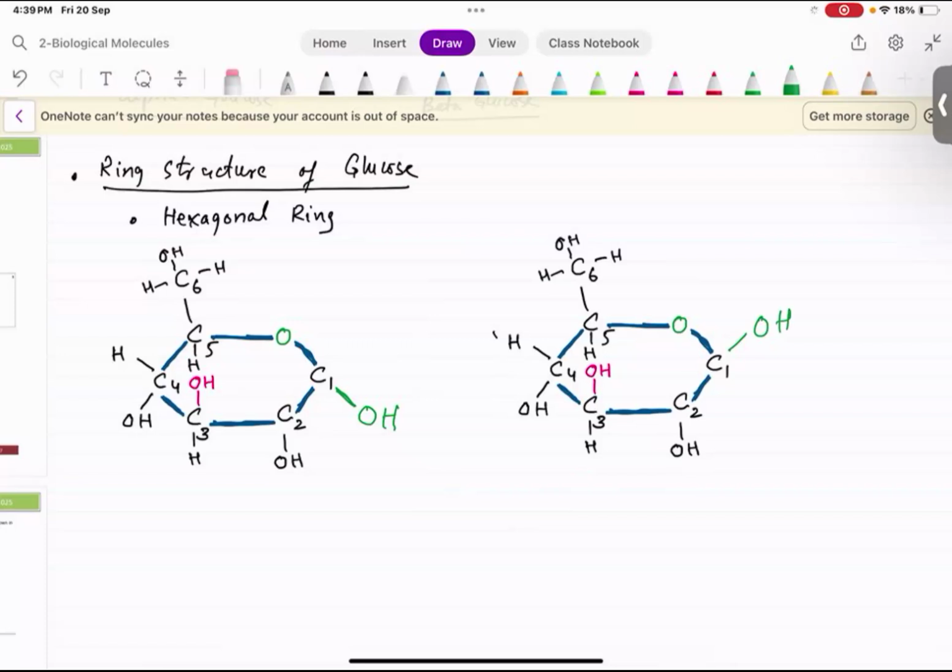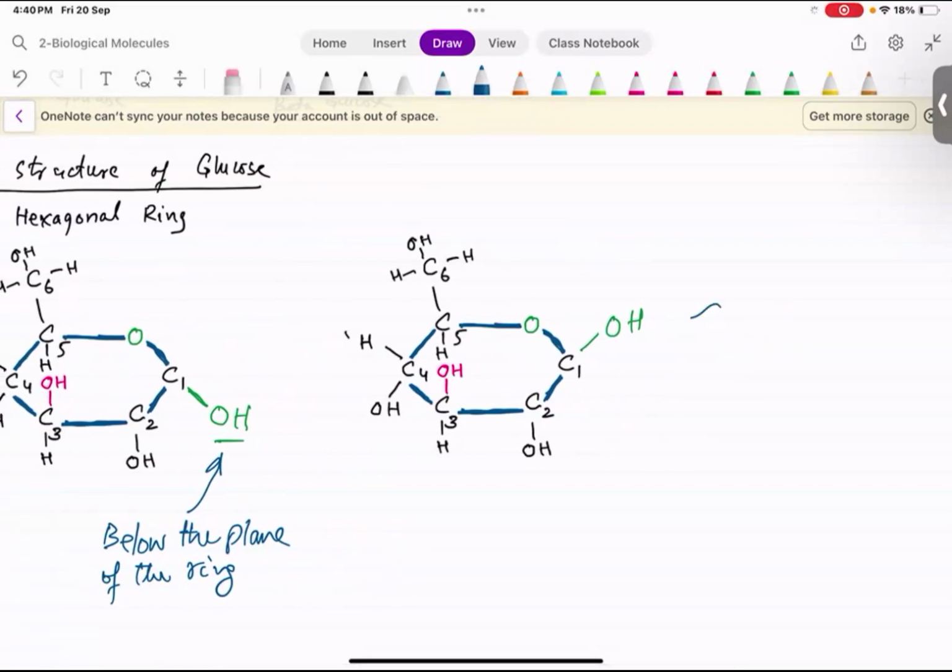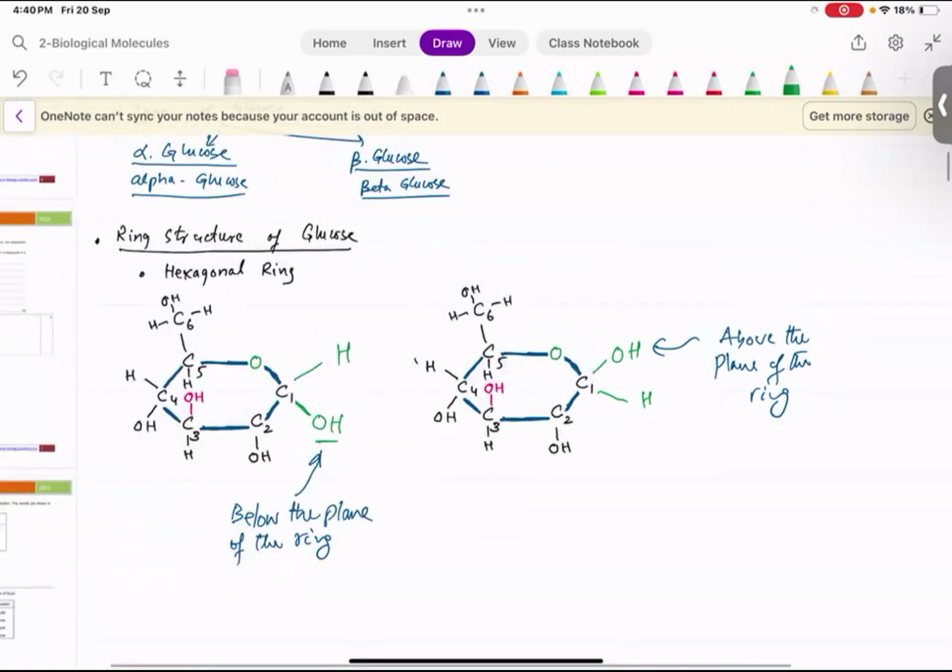This is below the plane of the ring in alpha glucose, and this is above the plane of the ring. And the other is a hydrogen here and a hydrogen here. Hope you have understood it.